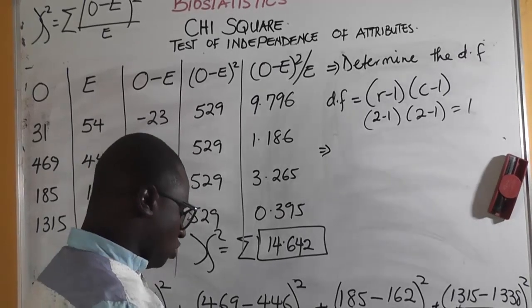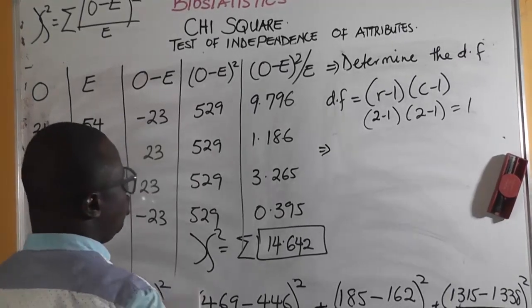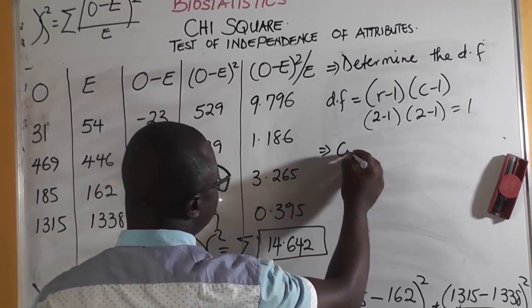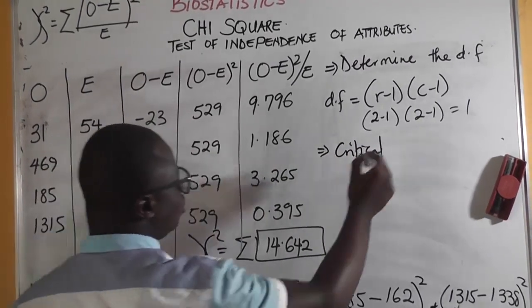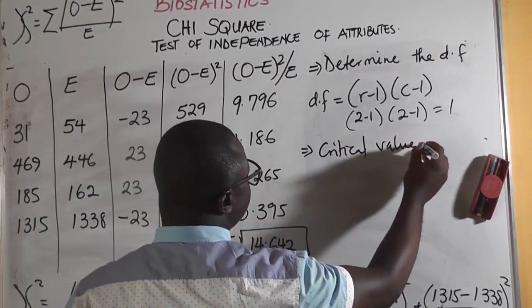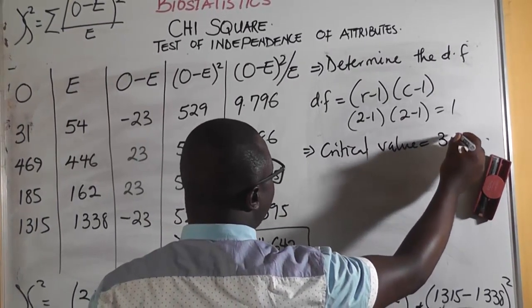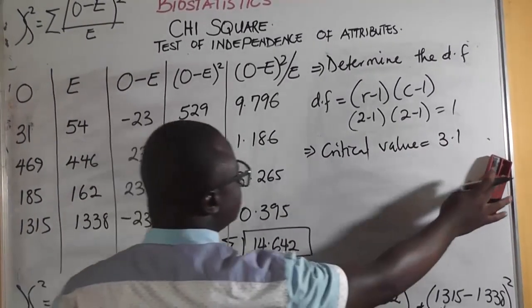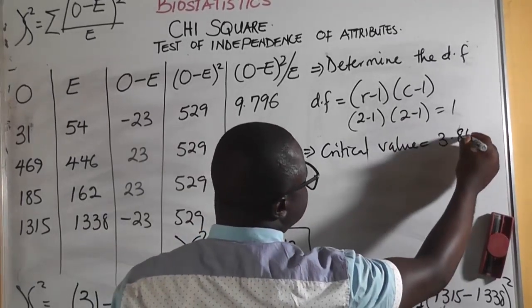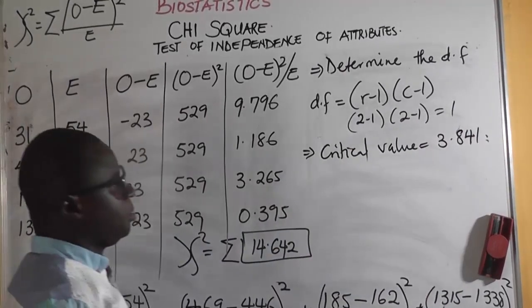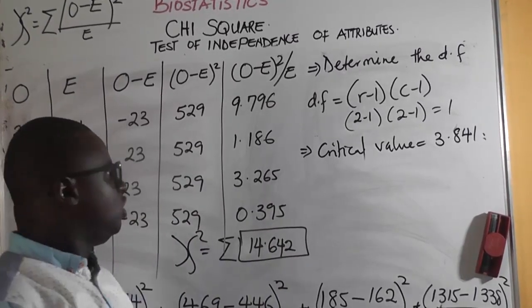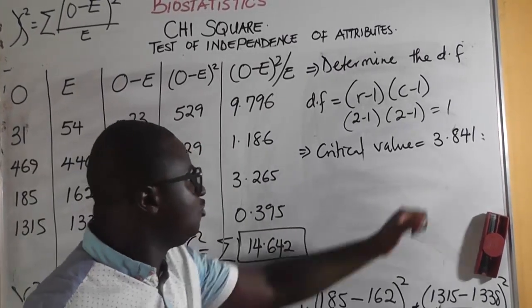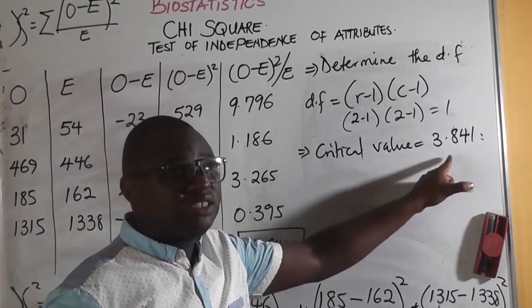And what you are going to get on that table, your p-value or critical value, is 3.841. You can also call it p-value or critical value. This one is gotten with that chi-square table.